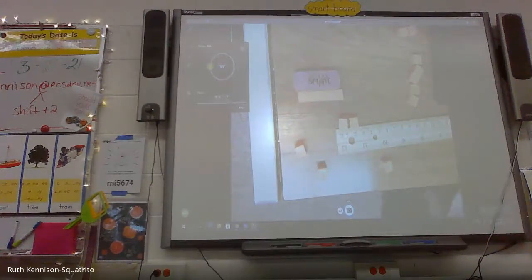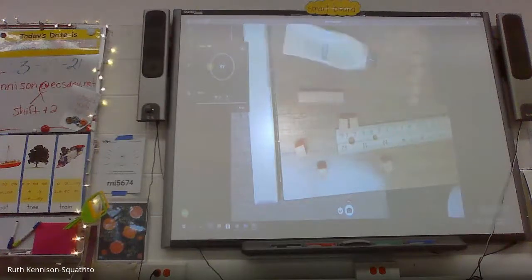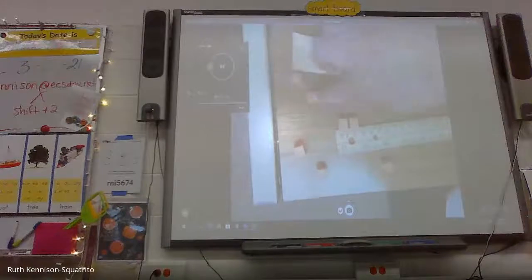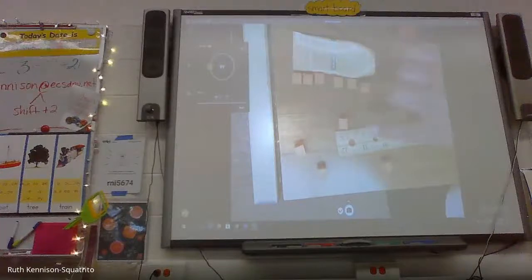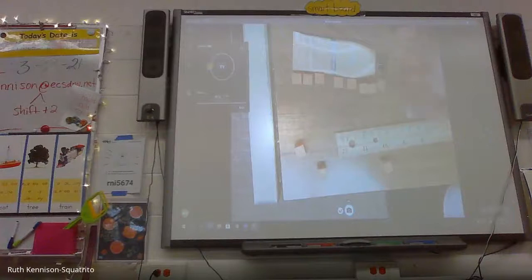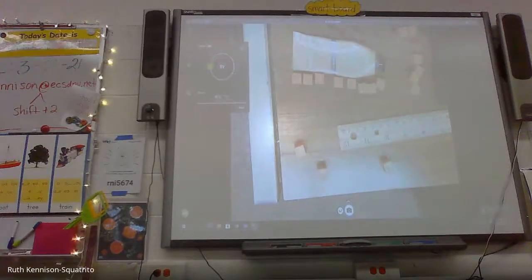Okay, if I want to measure my lotion, you do the same thing. Then 1, 2, 3, 4, 5, 6, 7, 8. Can I say that that's 8 cubes long? Why? What are you thinking, Ellie?